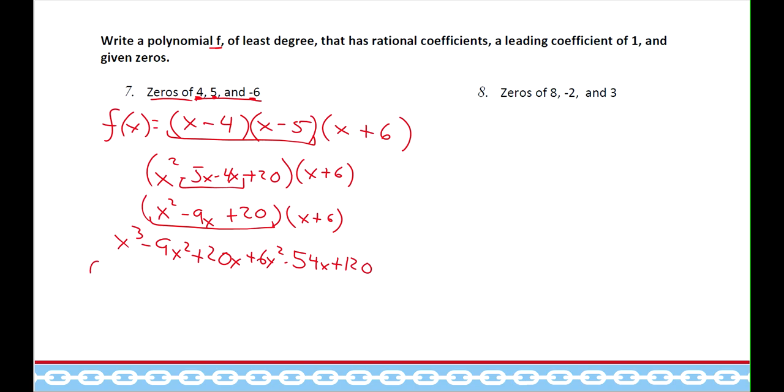To finish this out, do a final combining of like terms. I get x to the 3rd, and then minus 3x squared, minus 34x, plus 120.